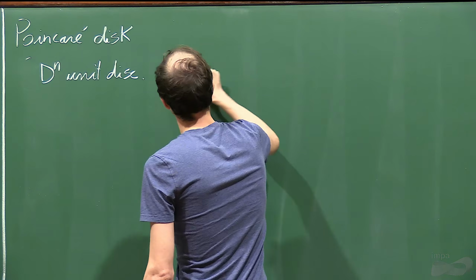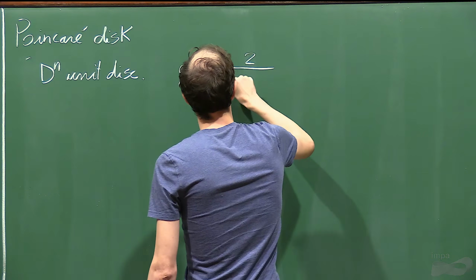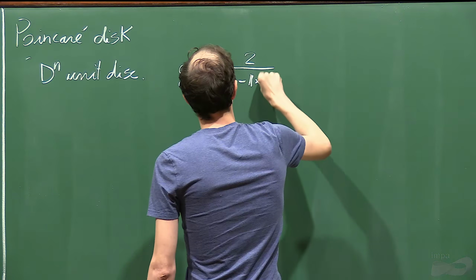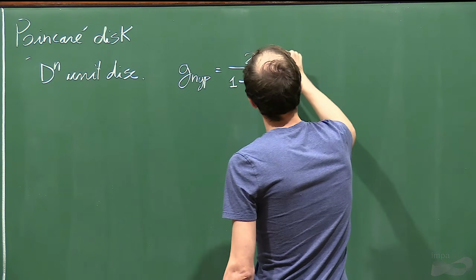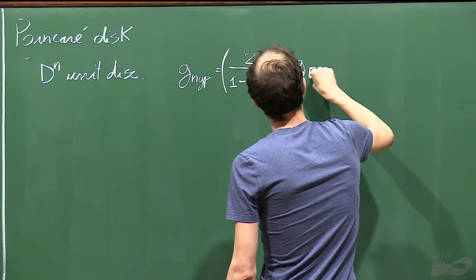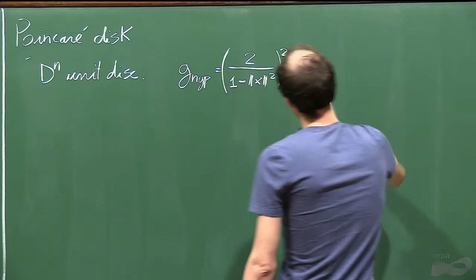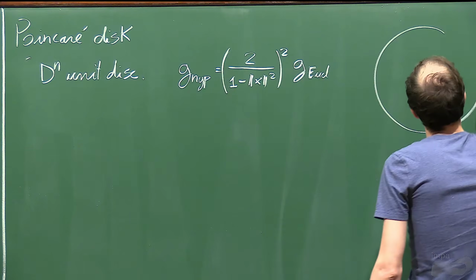We put another Riemannian tensor, which at the point x is going to be again proportional to the Euclidean one. And let's draw a two-dimensional picture.